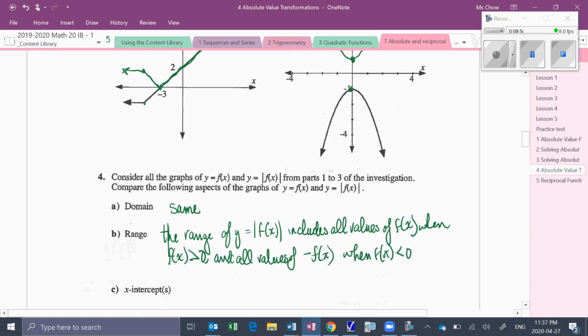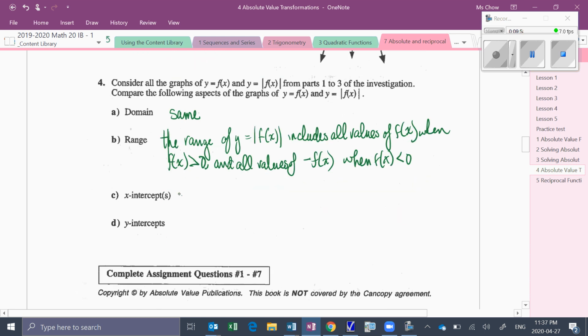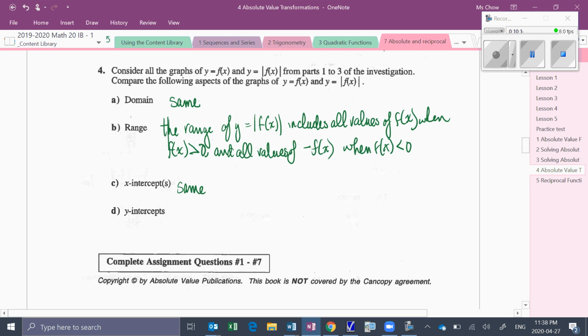So x-intercepts, any x-intercepts stay exactly the same in both functions. The y-intercept, again, if it was positive, then the y-intercept stays the same. If the y-intercept was negative, then we're taking the opposite of that again. So if the y-intercept of f of x is positive, then the same.